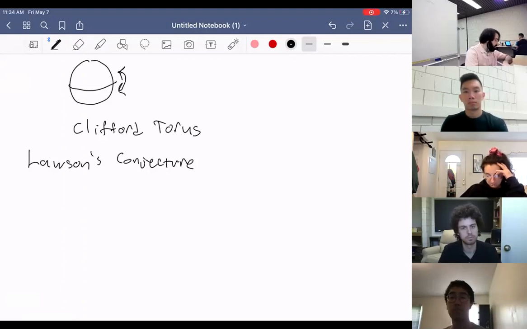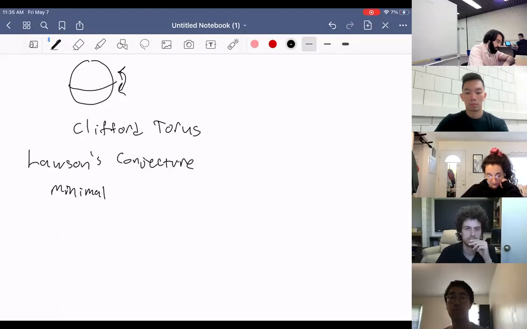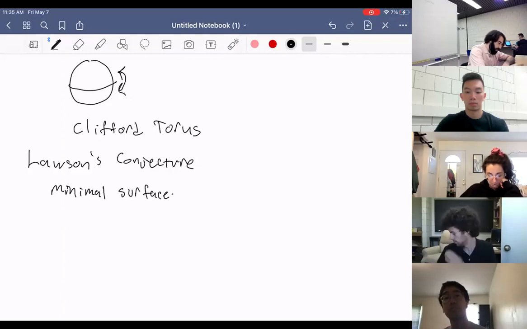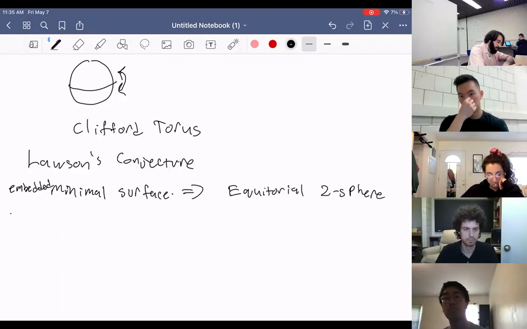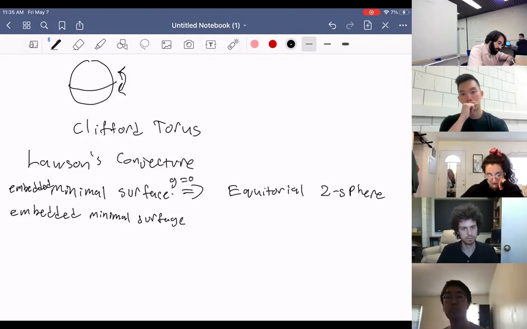The only embedded minimal surface of genus 0 is the equatorial two-sphere, the one that we just showed, and an embedded minimal surface of genus 1 is the Clifford Torus.